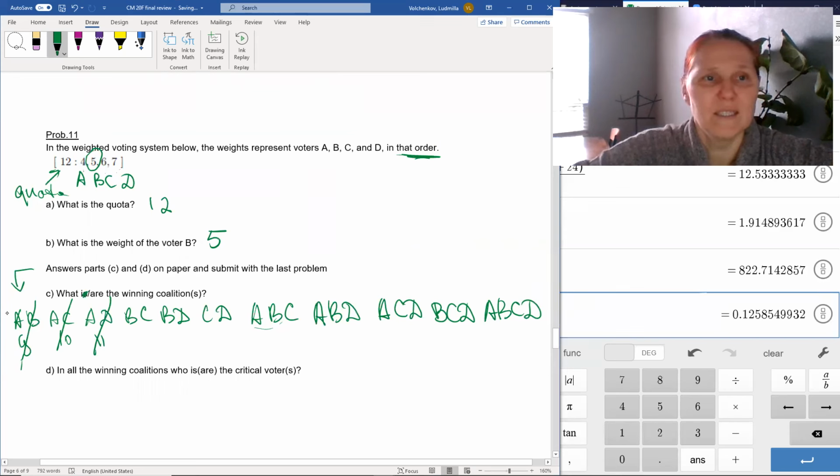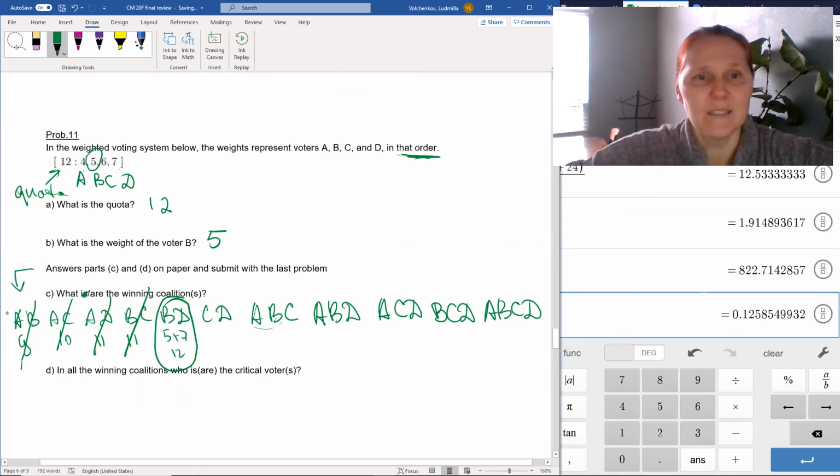B, C, 5 plus 6 is also 11, not winning. B, D, 5 plus 7 is exactly 12, so it is the first winning coalition in this list. C, D, 6 plus 7 is 13, so it is also a winning coalition.